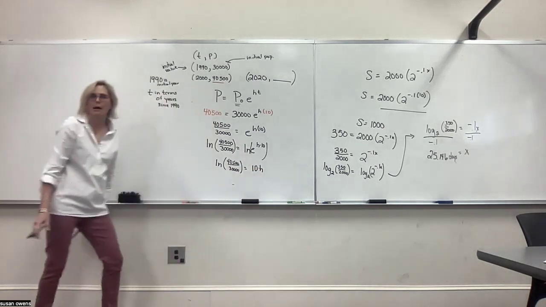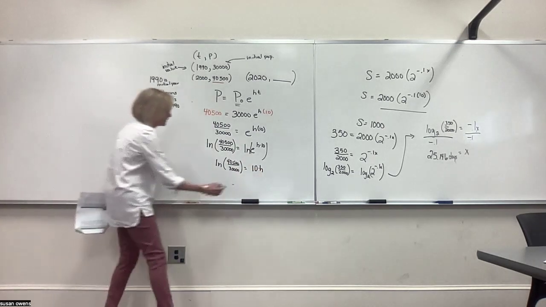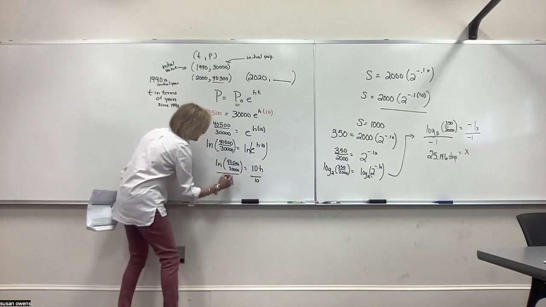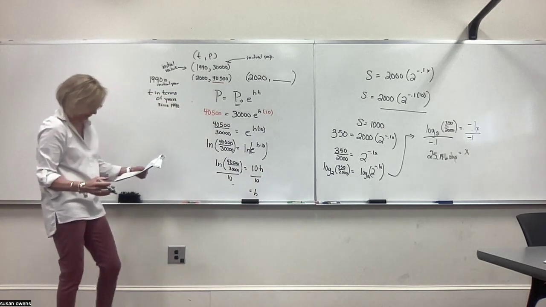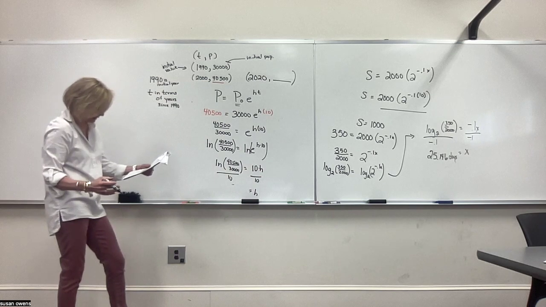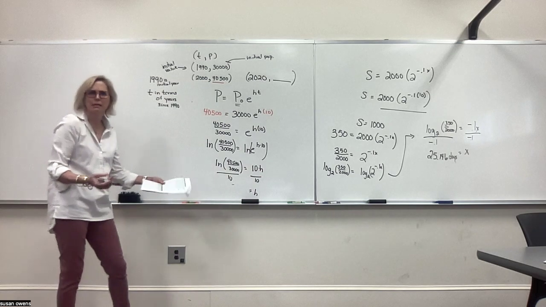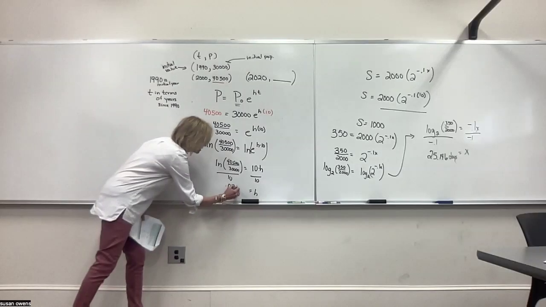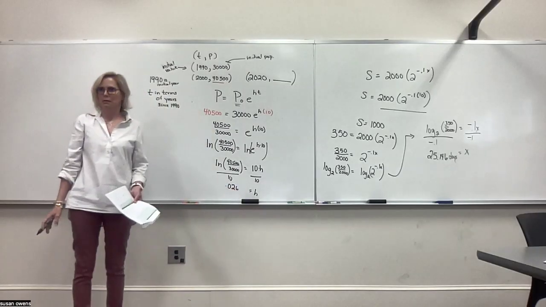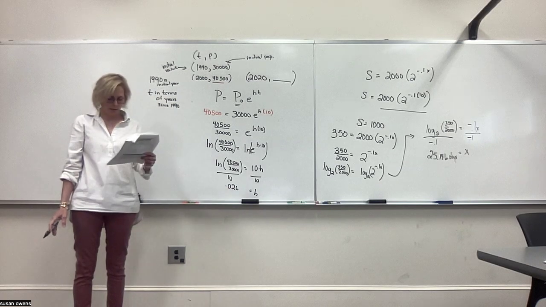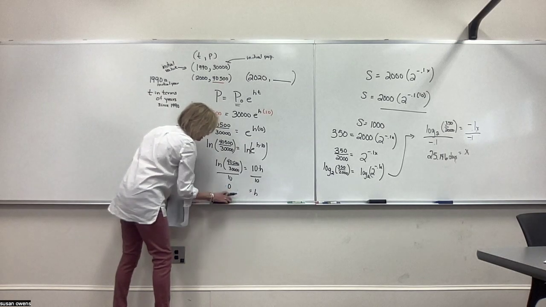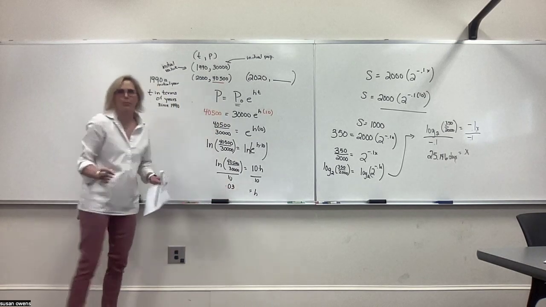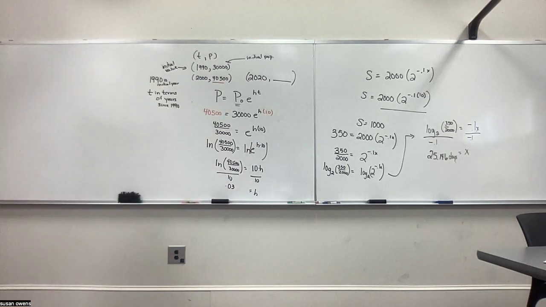We want to get the h by itself, so we divide by 10. h comes out to be like 0.026, which is 0.03. I have both those answers written on my paper, and I just assumed I'd rounded the 0.026 to 0.03. Okay, all right.